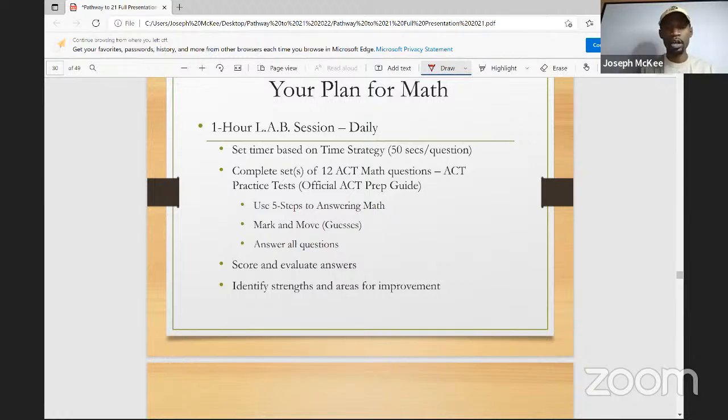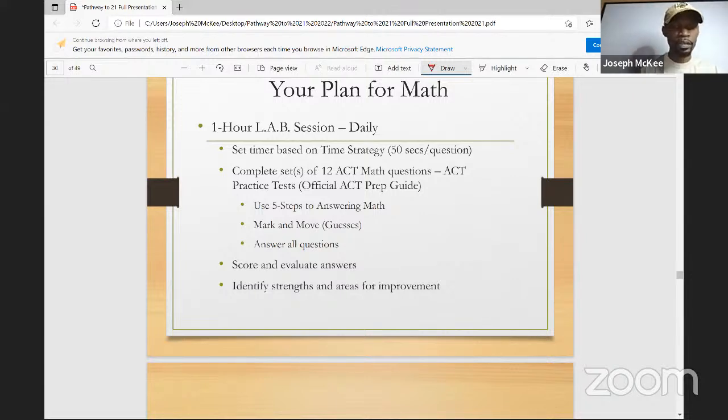Once you're done, go through, find the ones that are correct, then multiply times 5. So if every 12 questions you're getting 6 right, 6 times 5 is 30. You're right on track to get a 21 on the math section.